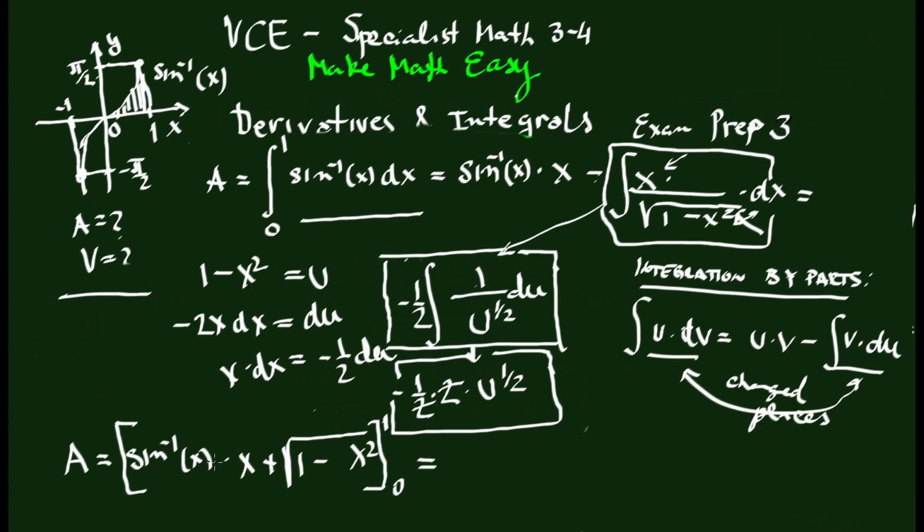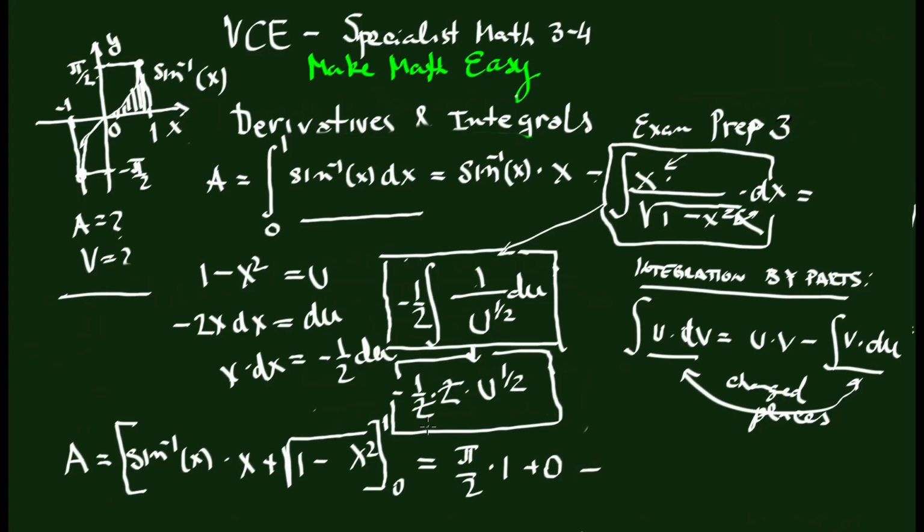So now we have sine of 1, that's from here, arcsine of 1 is pi/2 times 1, plus 1 minus 1 is 0, so plus 0.